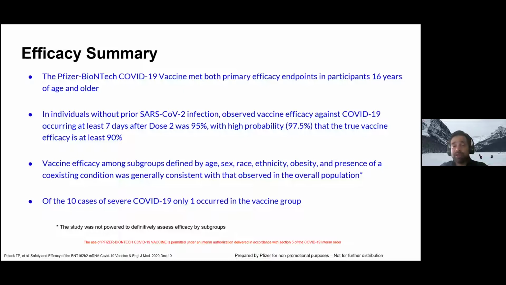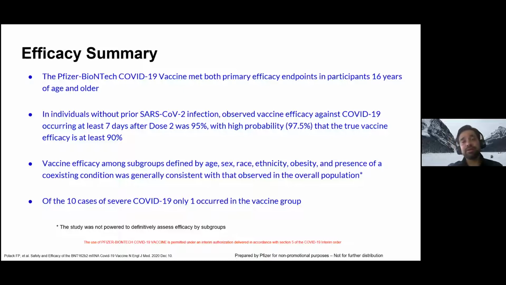The only caveat here is this trial was not powered to definitively assess efficacy by these different subgroups, but nonetheless, it was important to see those results. And as I said before, this vaccine will likely provide protection against severe forms of COVID-19.